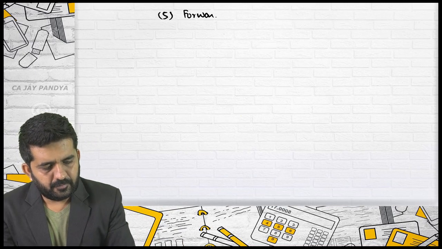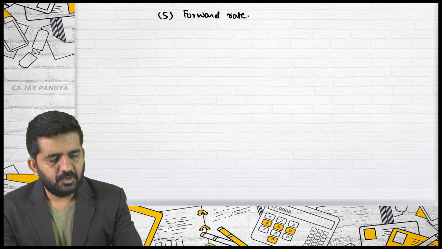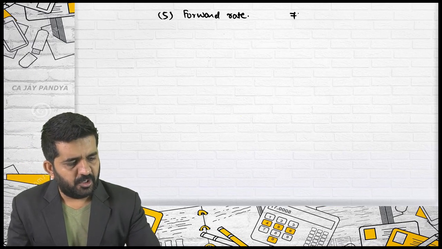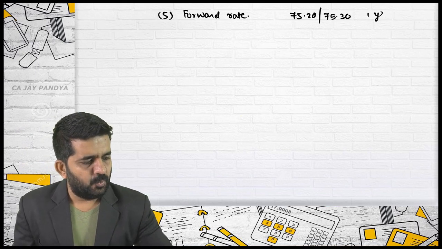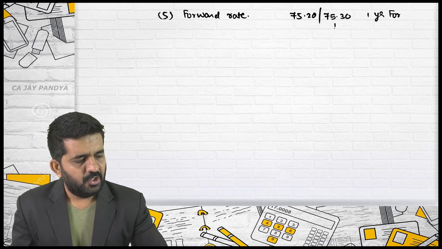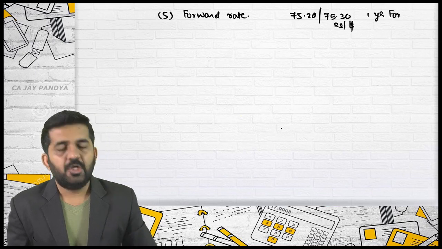Then we did forward rate. Suppose the forward rate for dollar is 75.20 slash 75.30. And this is the 1 year forward rate of rupees per dollar. What does this mean?